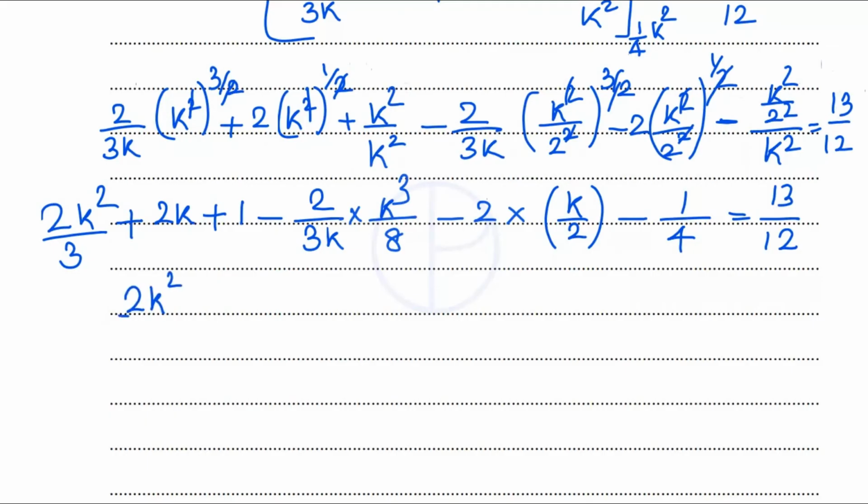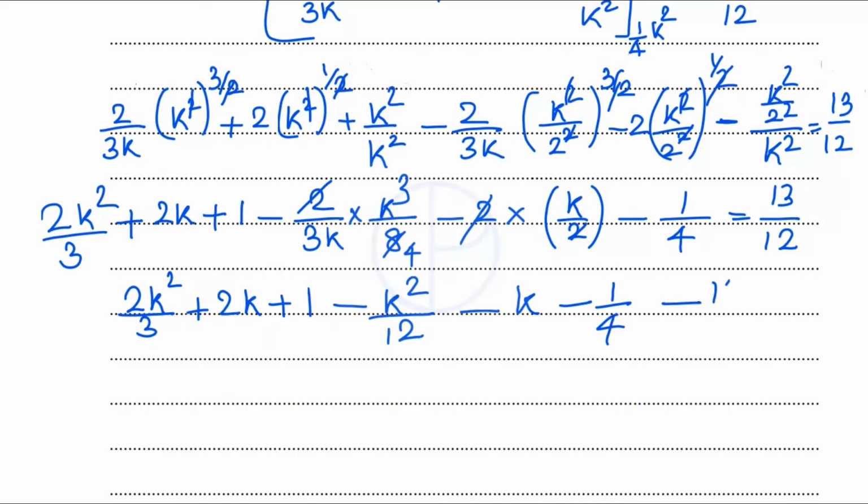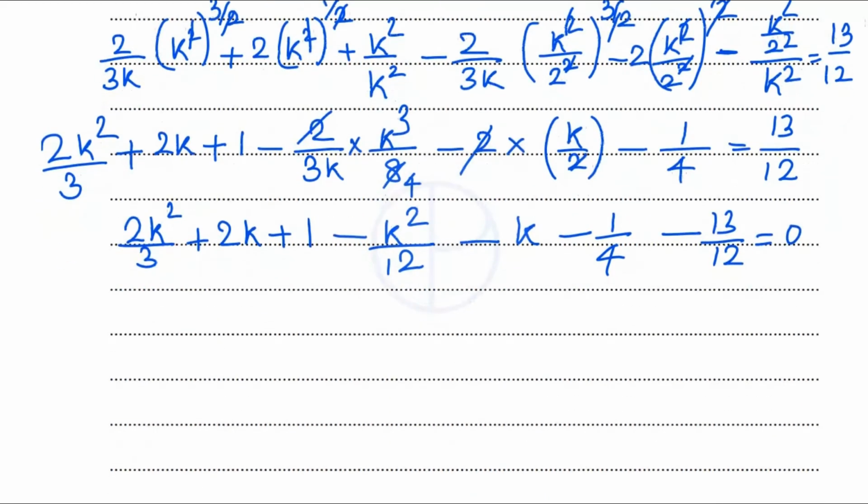2k square divided by 3 plus 2k plus 1 minus k cube divided by k is k square divided by 12, minus 2 gets cancelled, so k minus 1 over 4 minus 13 over 12 equal to 0.